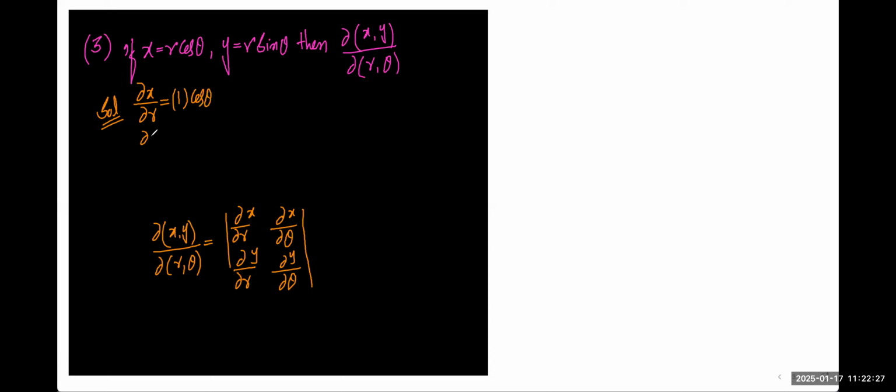Same thing, the value of x with respect to theta. In this case r as it is, cos theta differentiation is minus sin theta.